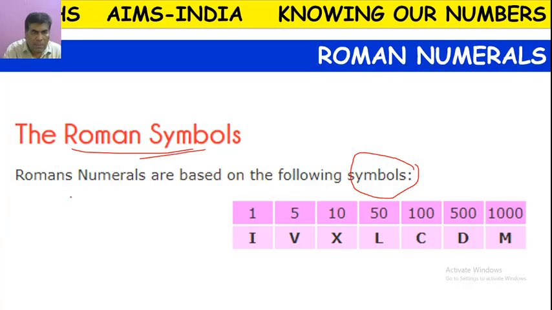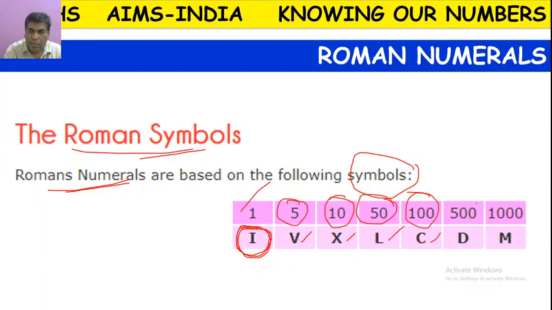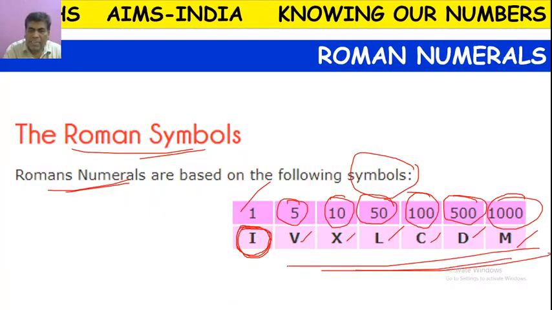In the Hindu-Arabic number system, 1 is represented in the Roman system by I. 5 is represented by V. 10 by X. 50 by L. 100 by C. 500 by D. 1000 by M. These are the basic symbols of the Roman numeral system.